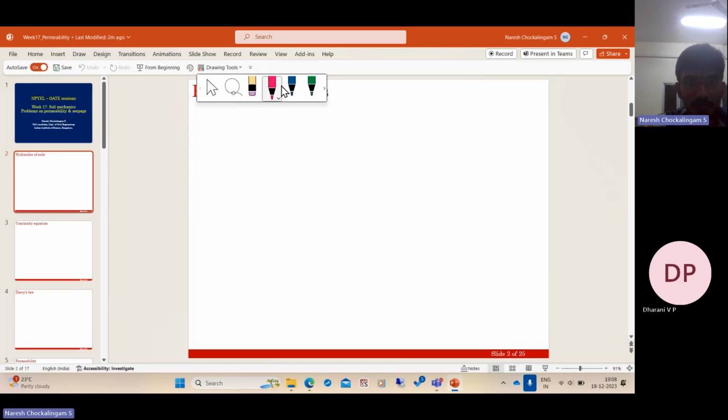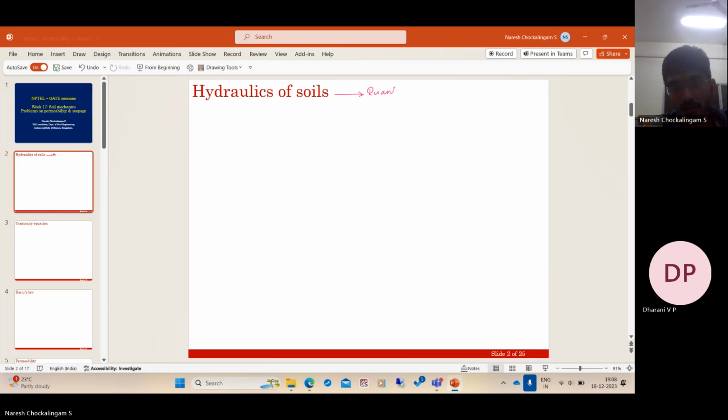The first class of problems is about estimating the amount of loss from dams, that is, how much quantity of water percolates through the soil and comes out. That is dealing with seepage.